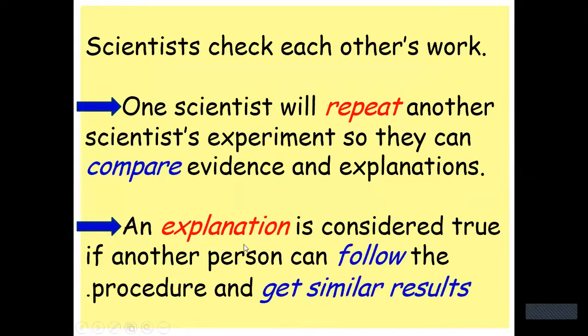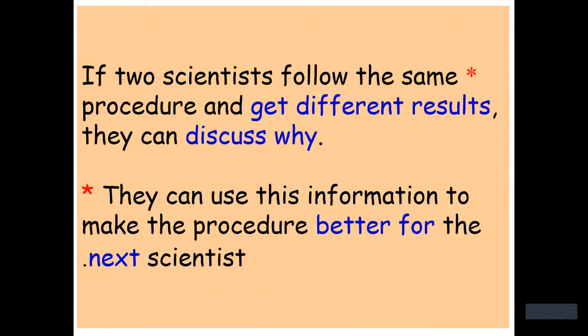An explanation is considered good if another person can follow the procedure and get similar results. If two scientists follow the same procedure and get different results, then they discuss why. There may be something wrong in the experiment. They can use this information to make the procedure better for the next scientist.